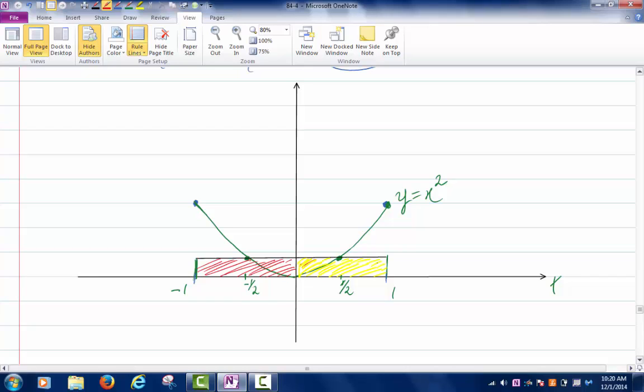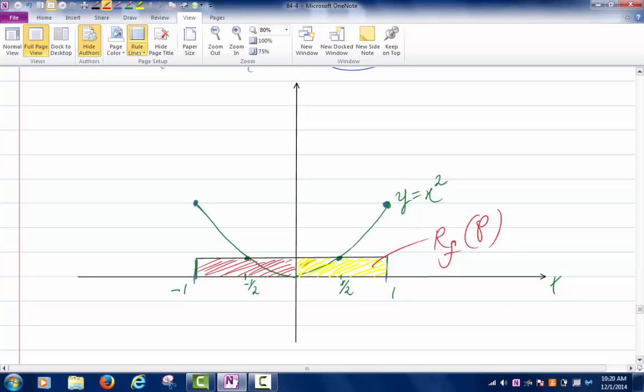So the Riemann sum in this example represents the sum of the areas of these two rectangles, right? The Riemann sum represents the sum of the areas of these rectangles. Am I making sense?